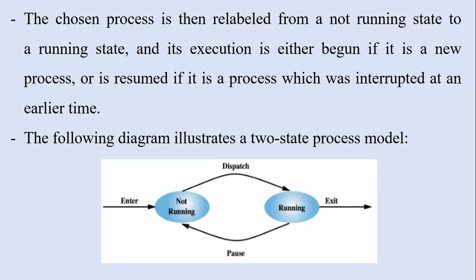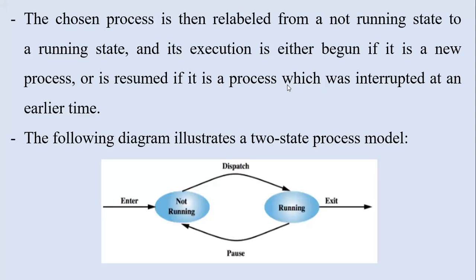The chosen process is then relabeled from a not running state to a running state, and its execution is either begun if it is a new process or resumed if it is a process from an earlier time. So the following diagram illustrates a two-state process model.